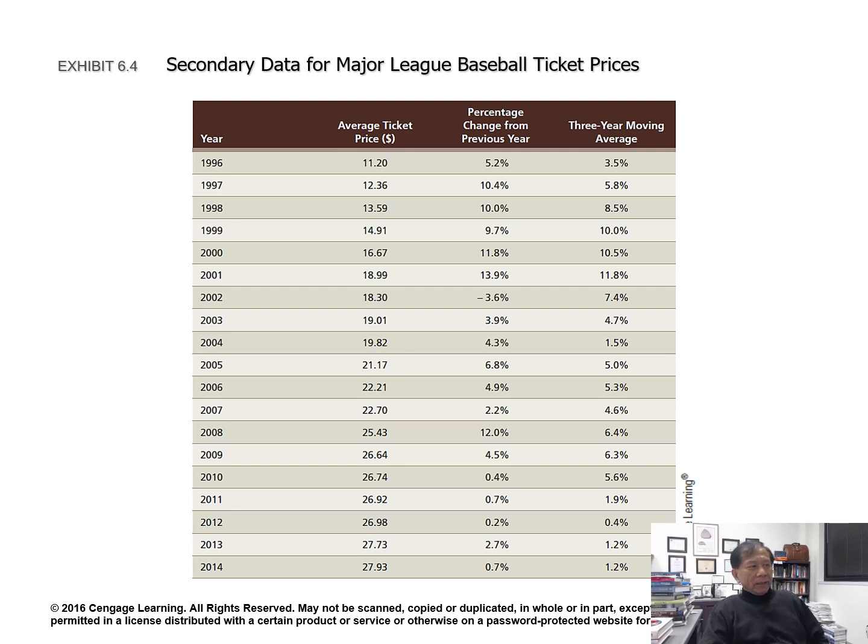And then again, it's growing slowly, and then a rapid increase to a double-digit increase of 12%. If you look at this percentage change year to year, you can see very sharp ups and downs, right? It's hard to grasp the overall trend. So what should you do?